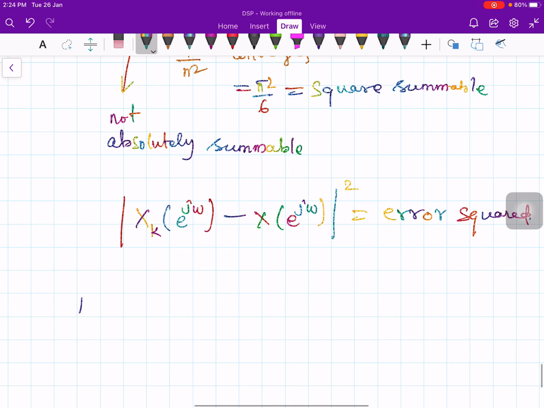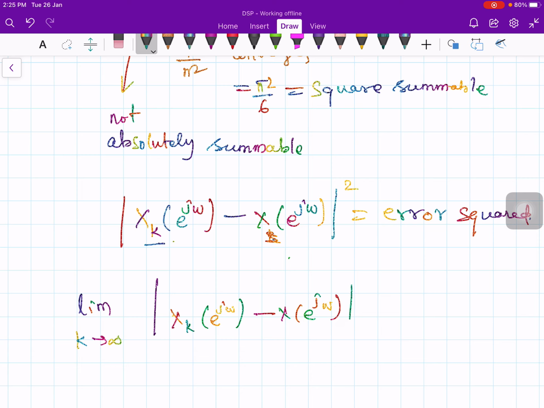Then you take the limit k goes to infinity. Previously I wrote x of e to the j omega minus x suffix k of e to the j omega. It doesn't matter, anyway you are taking the magnitude, right? Whether you write x k of e to the j omega first or second, it's not an issue because it is a modulus operation.